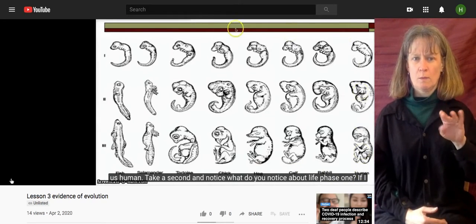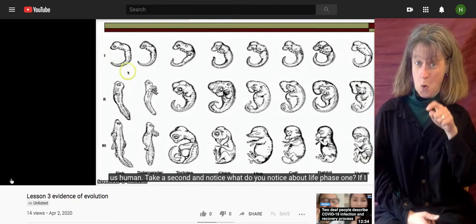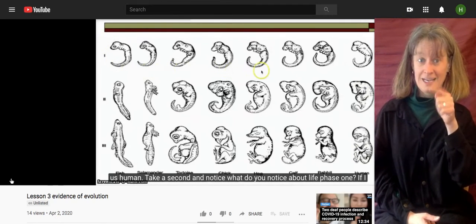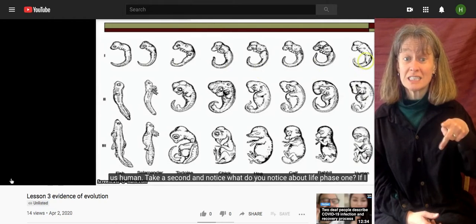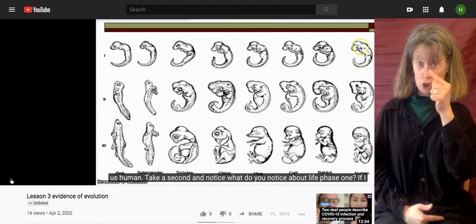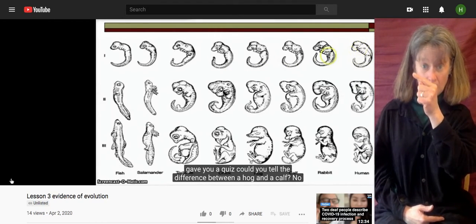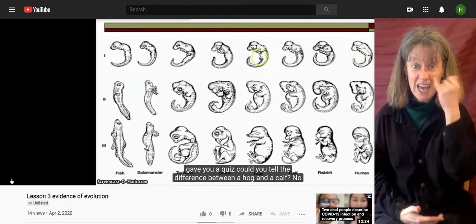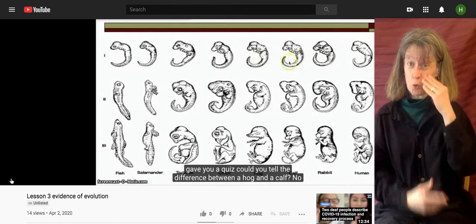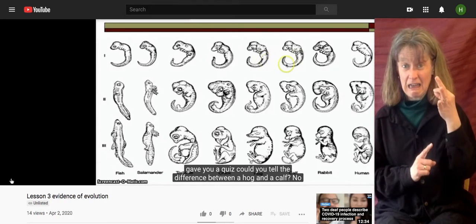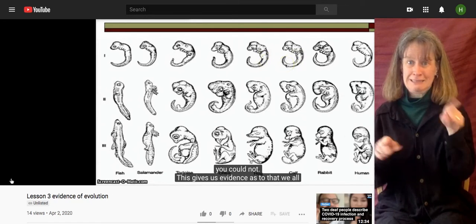Take a second and notice, what do you notice about life phase 1? If I gave you a quiz, could you tell the difference between a hog and a calf? No, you could not.